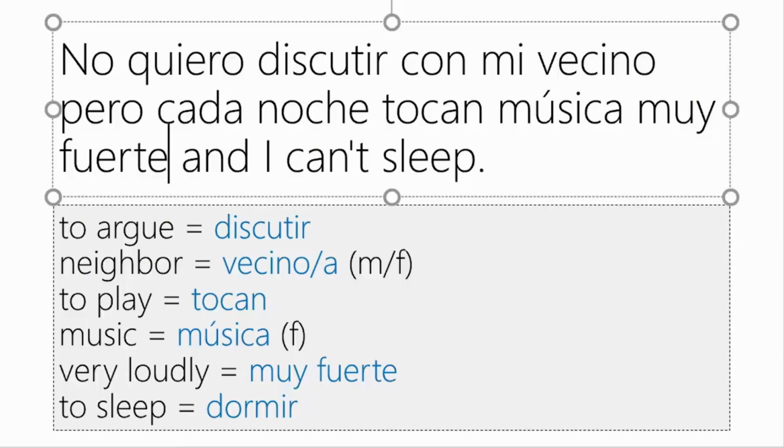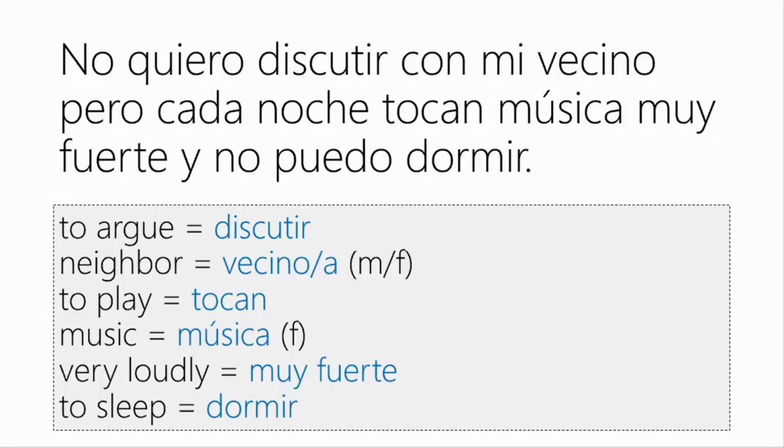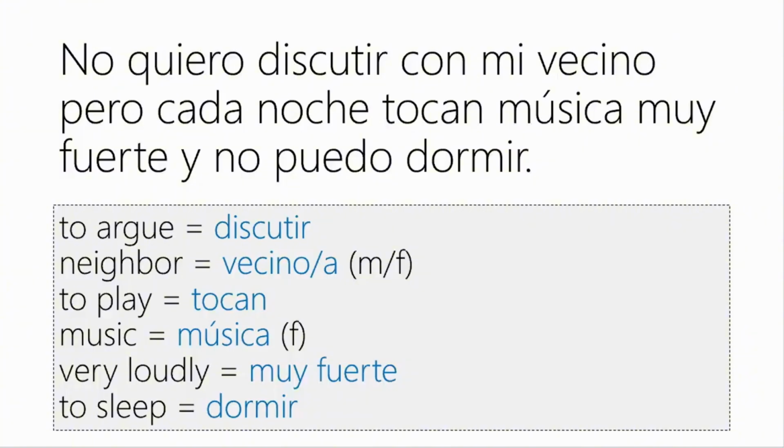And here we have more modal verb structure. And I can't sleep. Y no puedo dormir. So it reads, no quiero discutir con mi vecino, pero cada noche tocan música muy fuerte y no puedo dormir. Because we have tocan for they play, it might make more sense to have mis vecinos here. But one way or the other, really doesn't make a difference. That's going to be our translation.